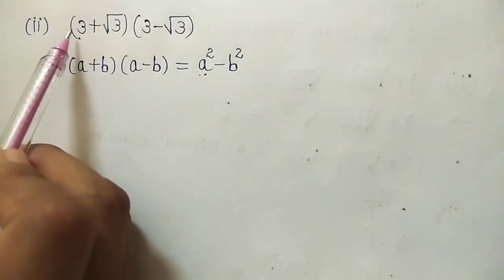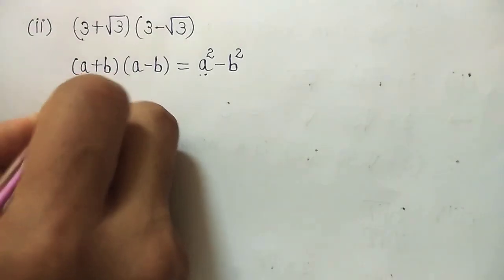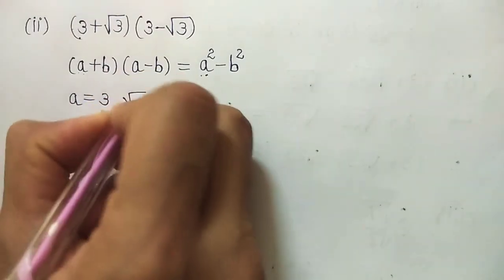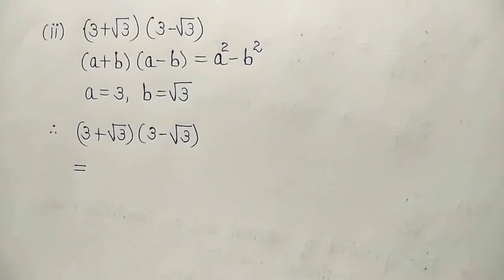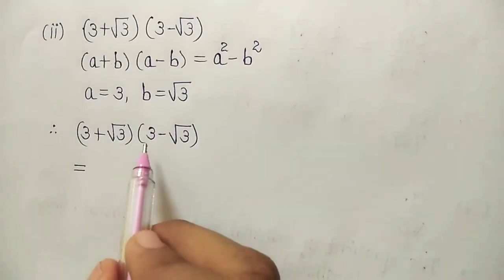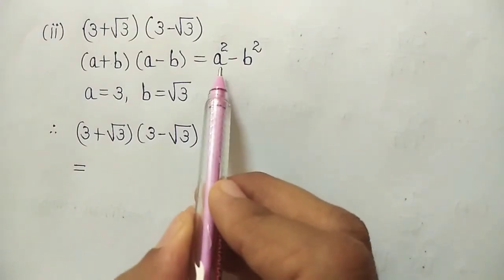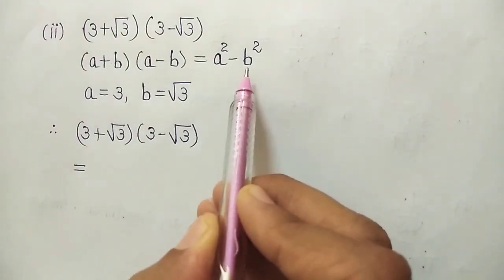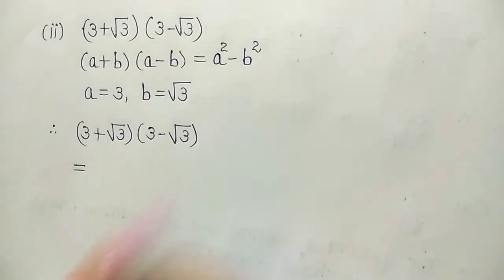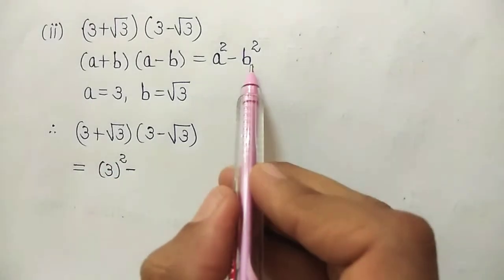So we will use this for simplification. What is a for the given values? A is 3. What is b? B is square root 3. So now 3 plus square root 3 times 3 minus square root 3 can be written as a square minus b square. A is 3, so a square is 3 square, minus b square.